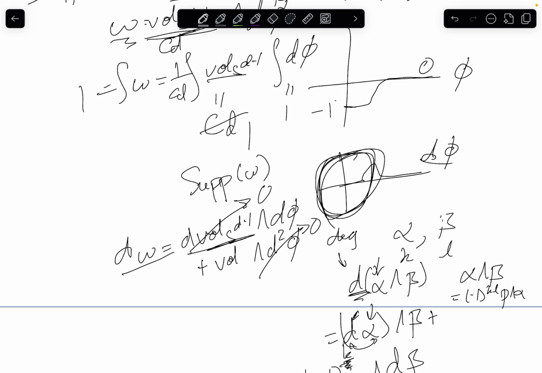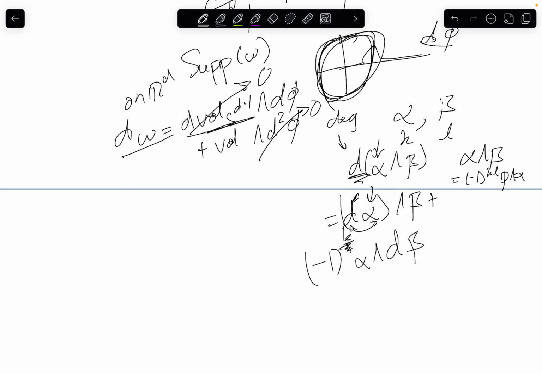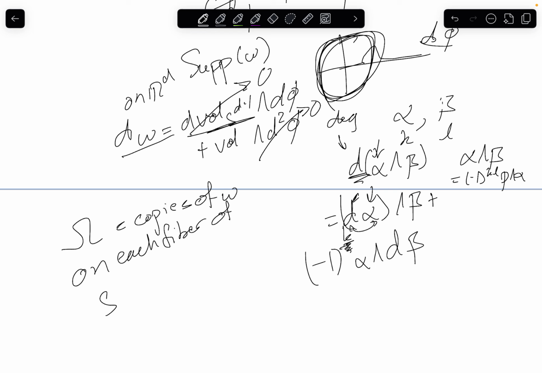So d omega is 0 on R to the D, but let's say big omega is equal to copies of little omega on each fiber of S cross R to the D. So you have S, you have a bunch of these guys, and on each of these you put a little copy of omega.